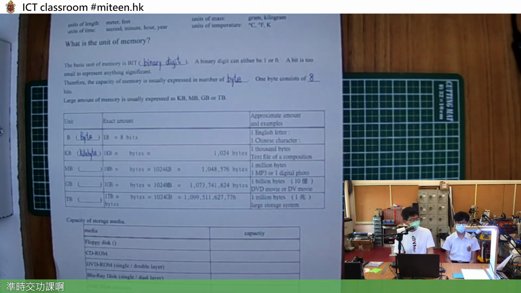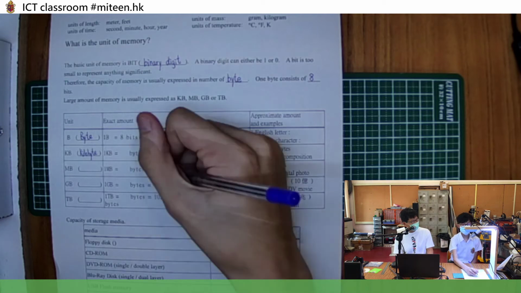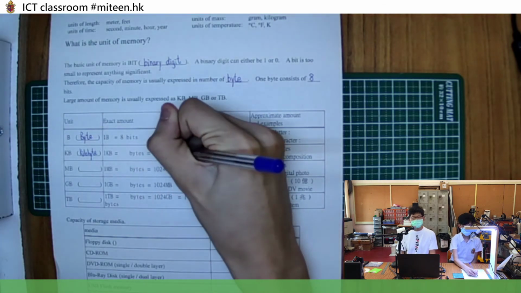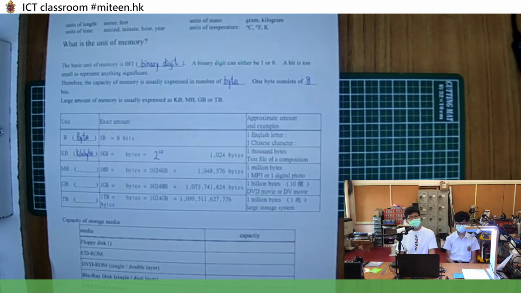You can also find this by 2 to the power of 10. 2 to the power of 10 is equal to 1024. 1 kilobyte is equal to 1024 bytes.